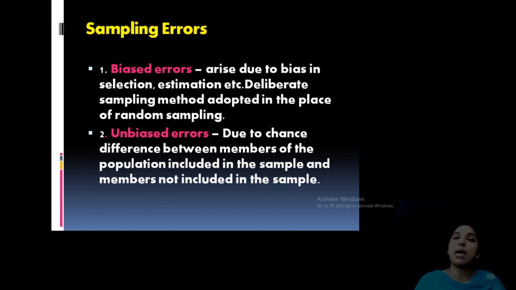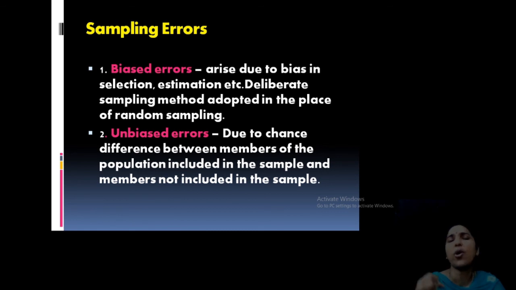That is known as sampling errors. Okay, there are two types of errors. One is biased error, another is unbiased error. What is biased error? Error arising due to bias in selection, estimation, deliberate sampling, etc. When we are doing that, there is no doubt error will be there. That is biased error. Unbiased error may be due to chance, or differences between members of the population included in the sample and members not included in the sample.